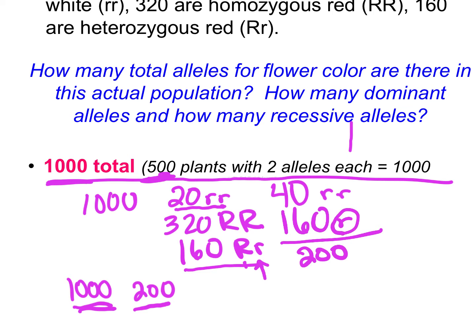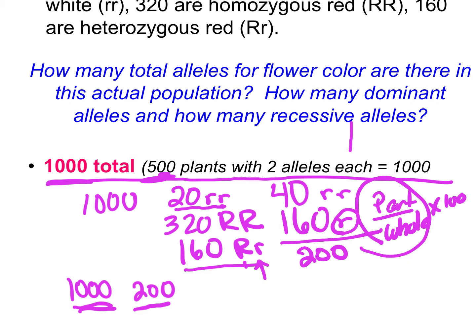If you remember how to do a percentage, that is part divided by whole times 100. But we want the decimal version, so we just want part divided by whole. So 200 divided by 1,000 is equal to 0.2.